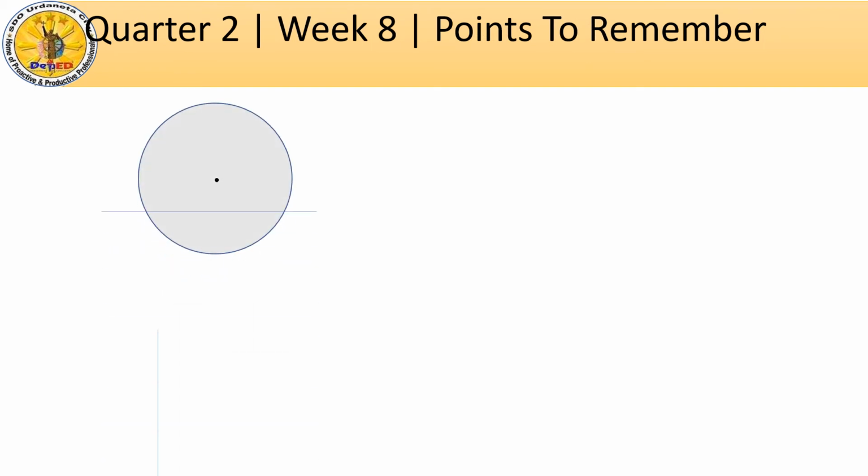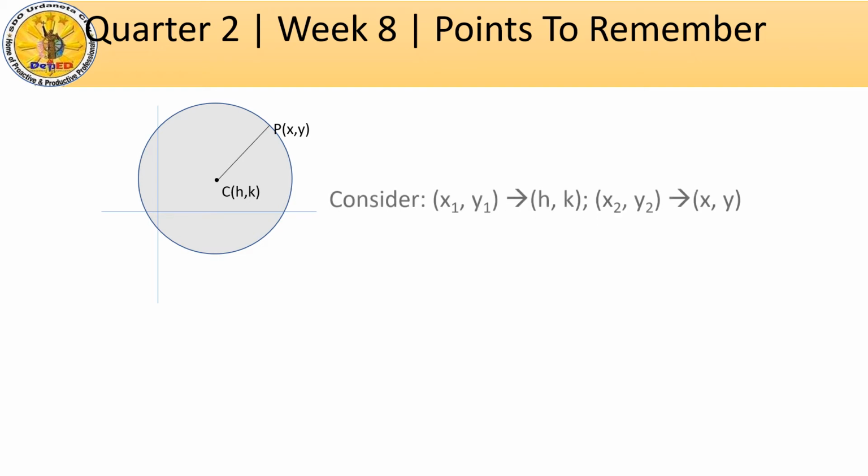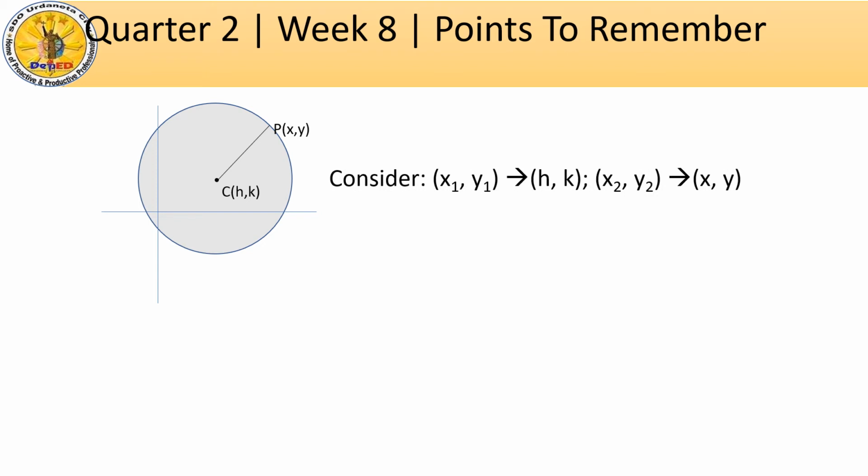Okay, using a figure where the coordinate of C is h, k, and point P, which is on the circle, has coordinate x, y. Consider that point C is x sub 1, y sub 1, and point P is x sub 2, y sub 2.